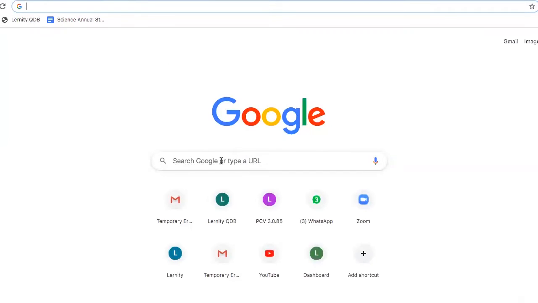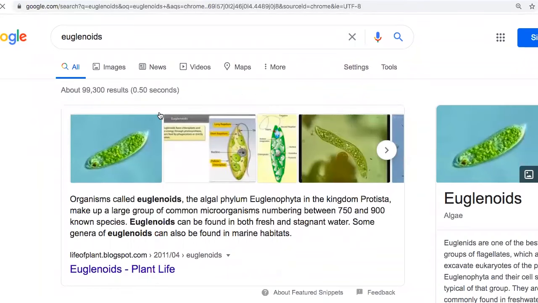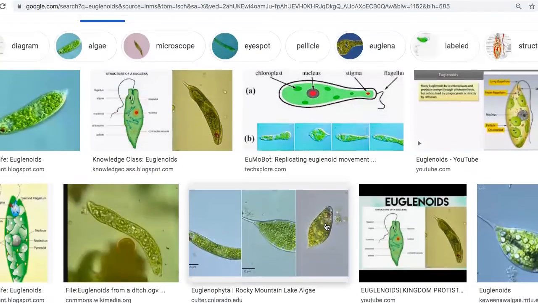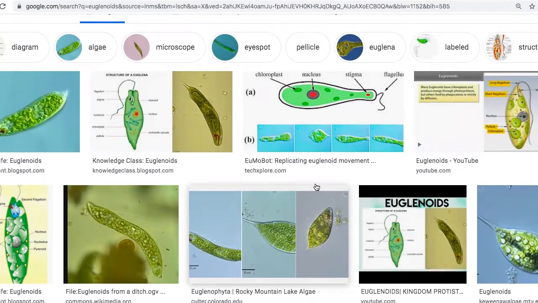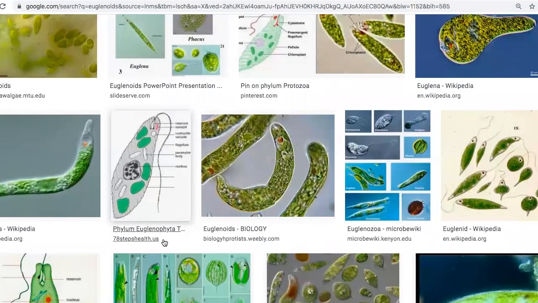So someone wanted me to show euglenoids. You see, these are all euglenoids, examples of euglenoids.